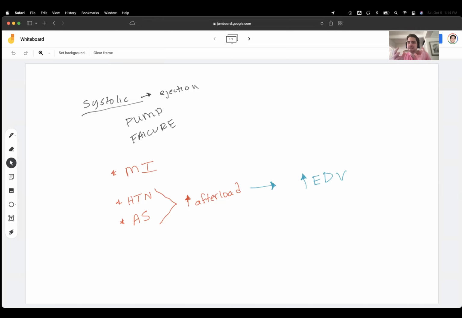Sometimes they say this pump failure is like the walls are floppy, right? So if you have a myocardial infarction and some of the wall is dead, it gets floppy. But the point is that you can't properly squeeze all of the blood out of the ventricle. So you're going to get increased blood left over.